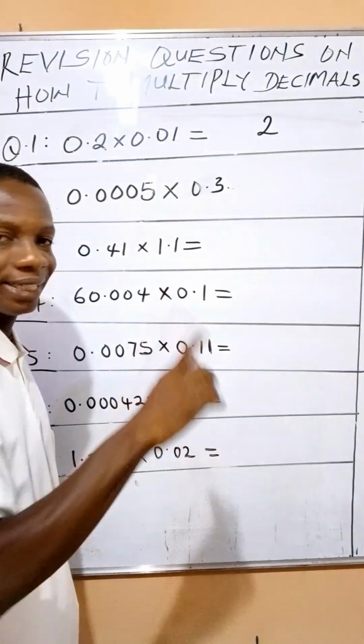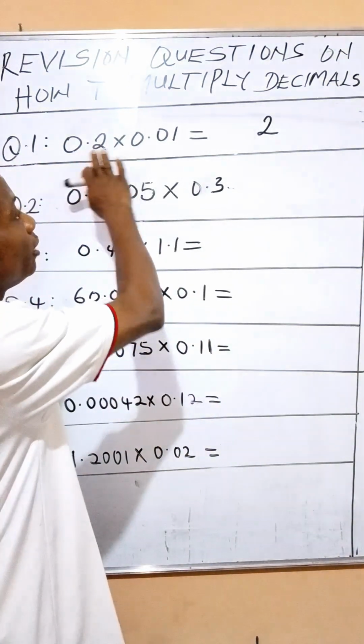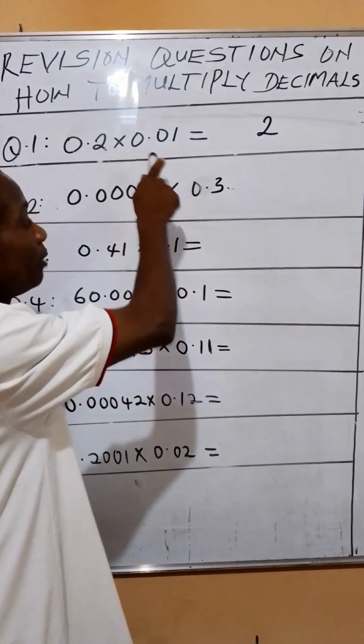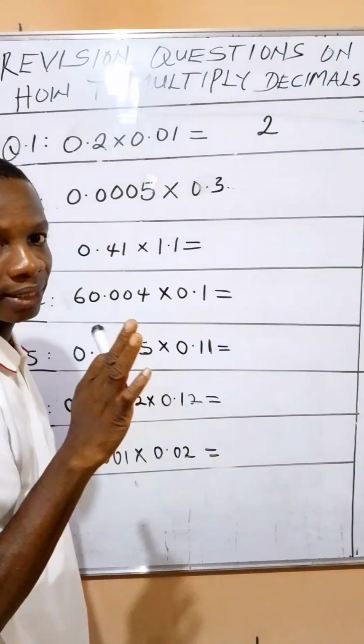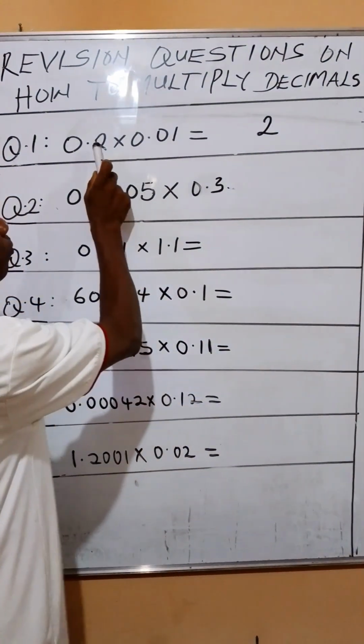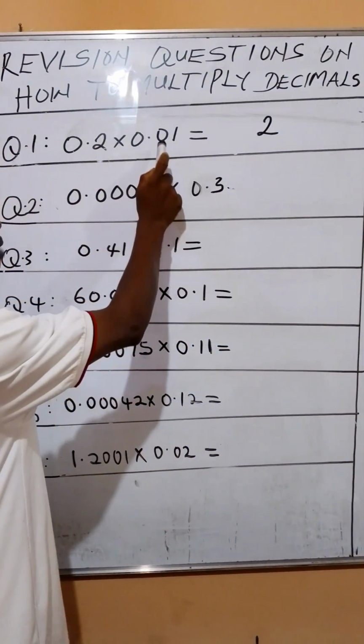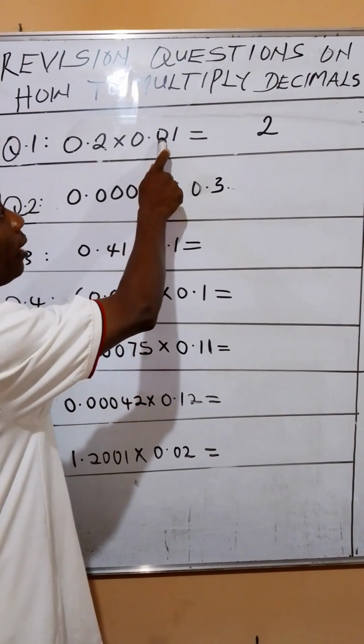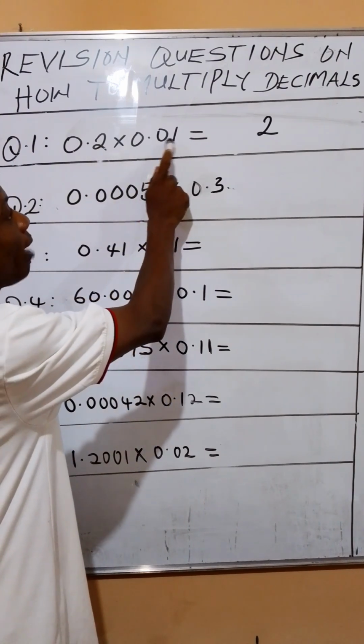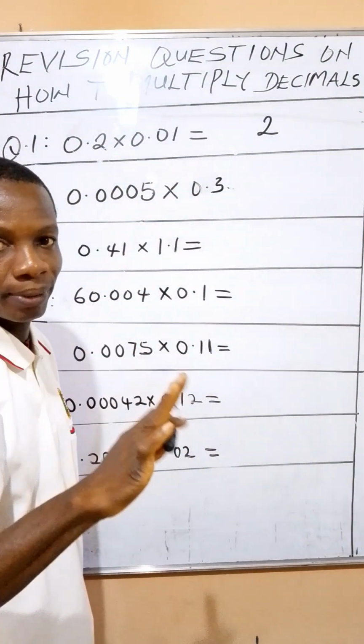Then count the number of decimal places in both of these fractions. Here we have 1 dp, and here we have 2 dp. That's 3 decimal places.